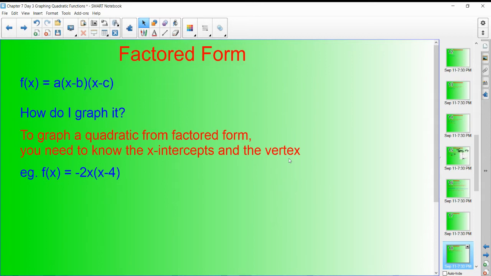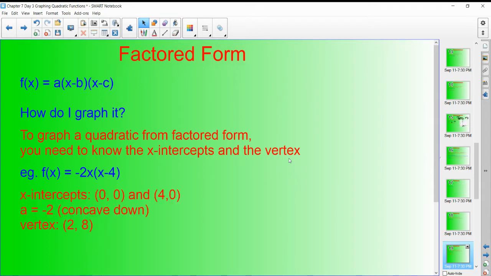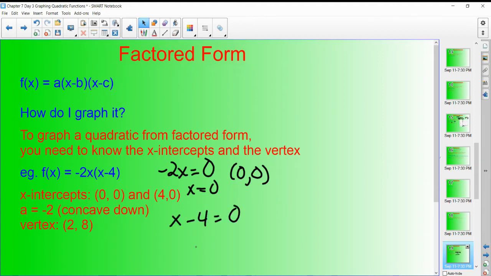So let's look at this example. Okay, the x-intercepts. We set each factor equal to 0 to find x equals 0, so 0, 0. We set the other factor equal to 0, and then we have x equals 4 when we solve it. We have 4, 0.